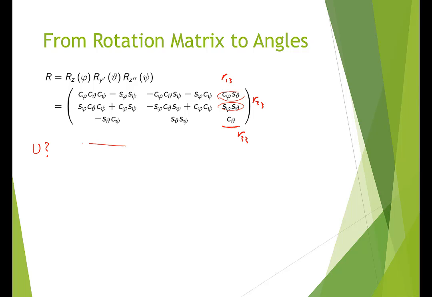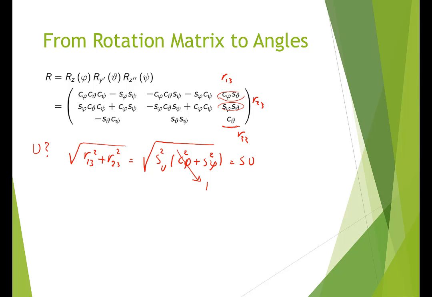If I take the square root of R13 squared plus R23 squared, what would I get? I would get sine of nu squared times cosine of phi squared plus sine of phi squared. This is equal to 1, so I would get sine of nu. So the square root of R13 squared and R23 squared will give me sine of nu.